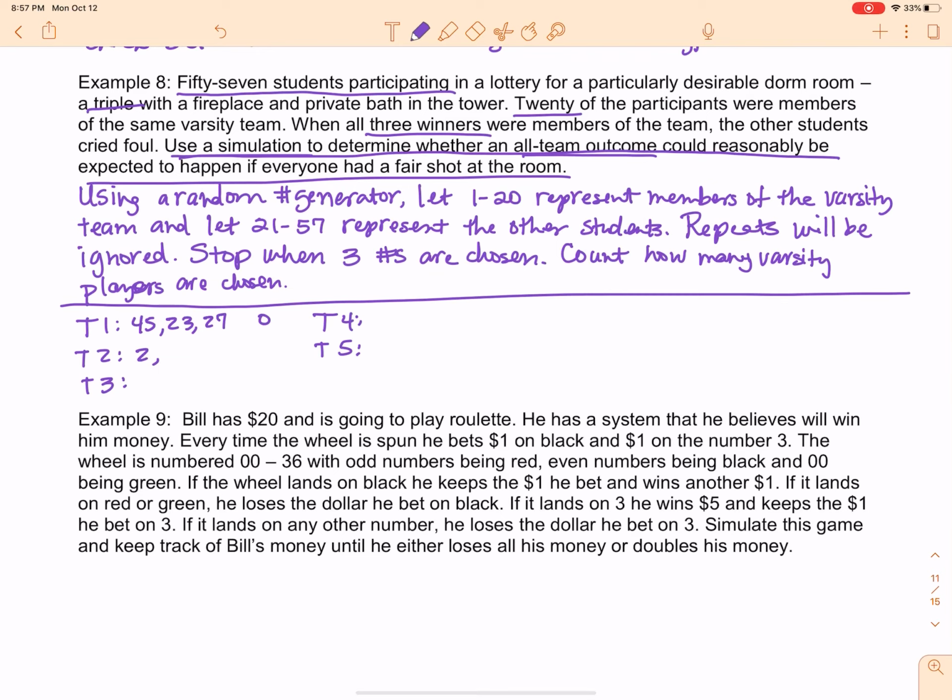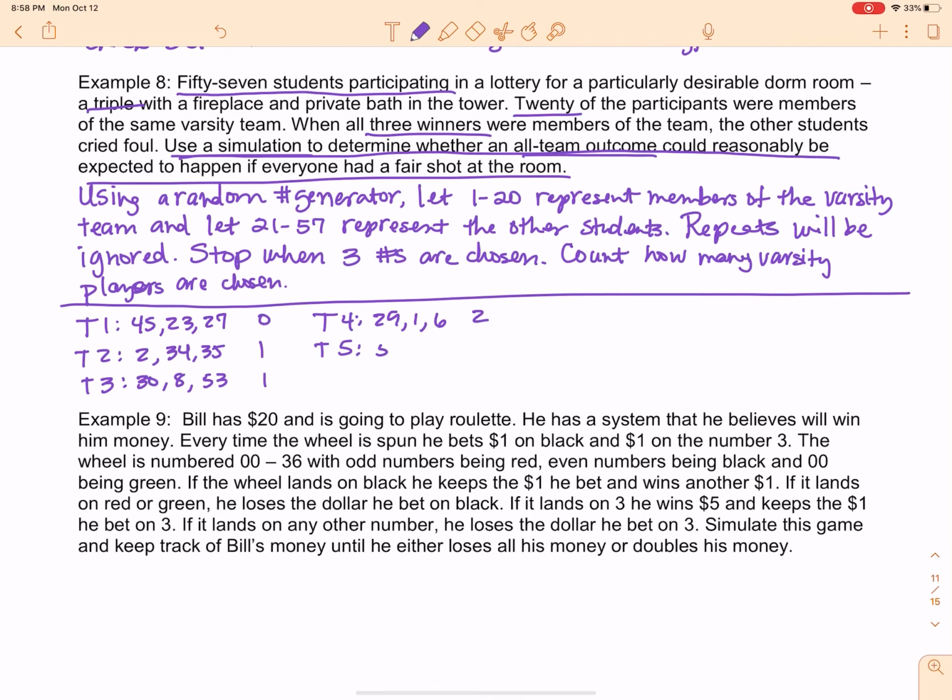And these are my other outcomes. I had 2, 34, 35. There was 1 varsity player. I had 30, 8, and 53, 1 varsity player. And then I had 29, 1, and 6. I had 2 varsity players.